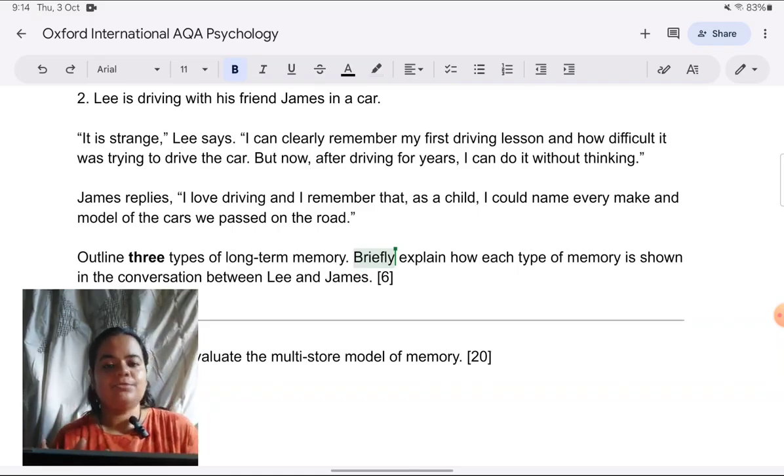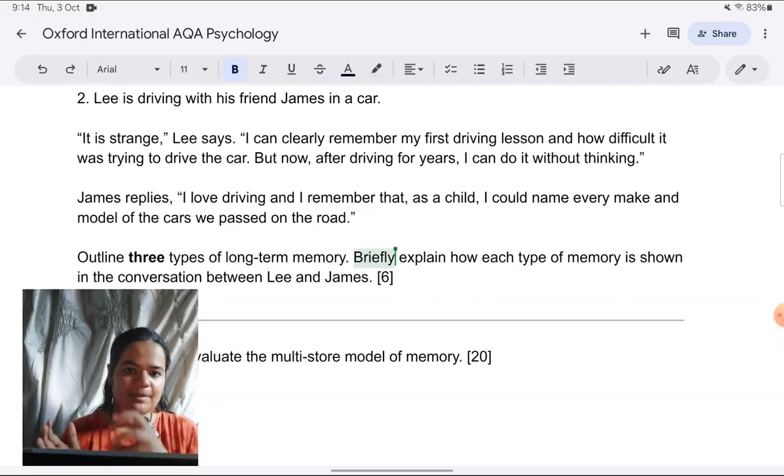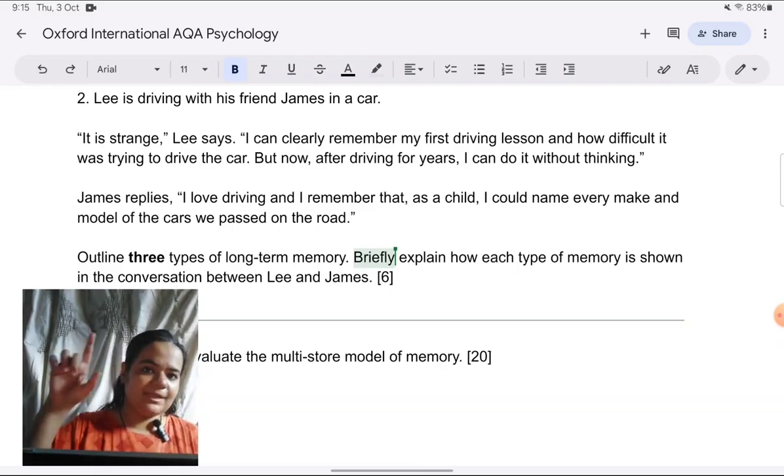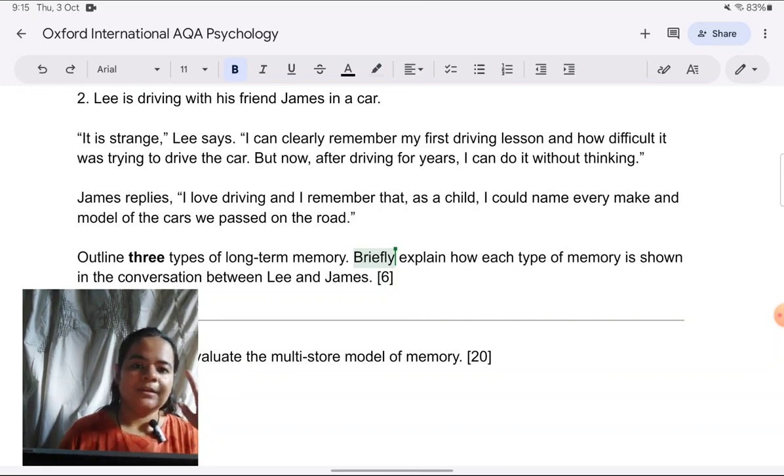Now AO1, as you know, is descriptive. So whichever memory we can identify in this scenario from our topic types of long-term memory, whatever we define of that will come within AO1, and whatever we apply into the scenario, like how those types of memory are being seen in this scenario, that all will count under AO2.